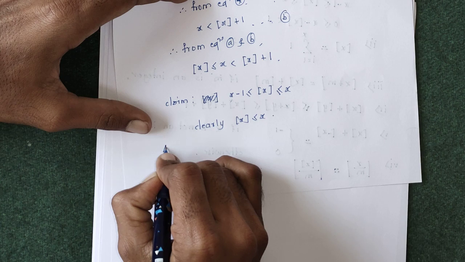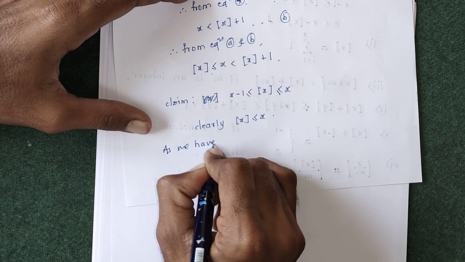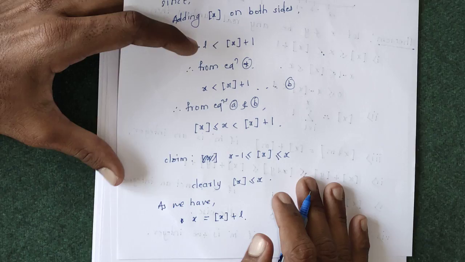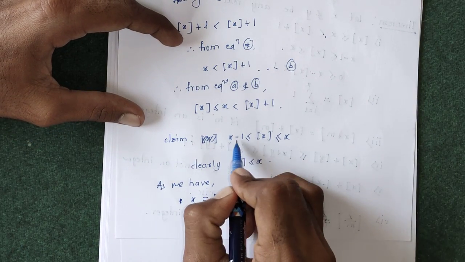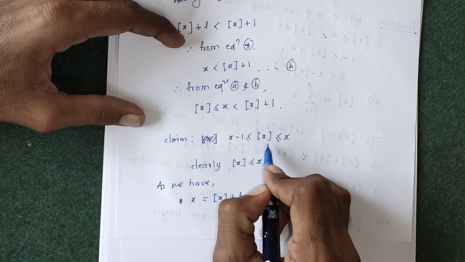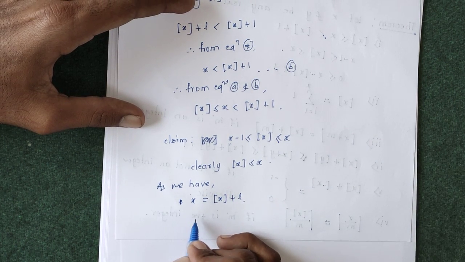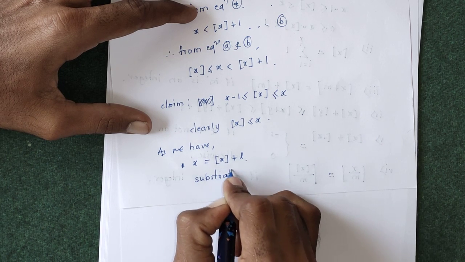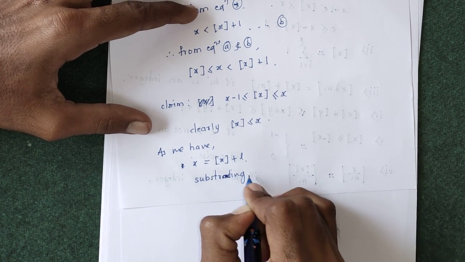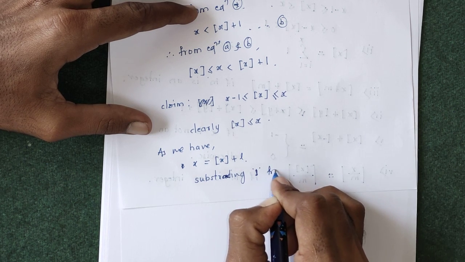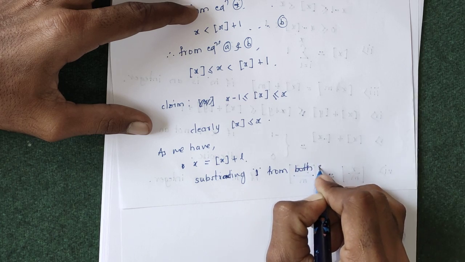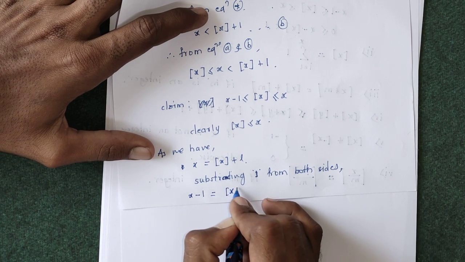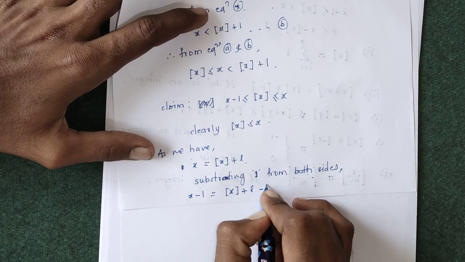Subtracting 1 from both sides, we get x minus 1 is equal to integral part of x plus l minus 1.